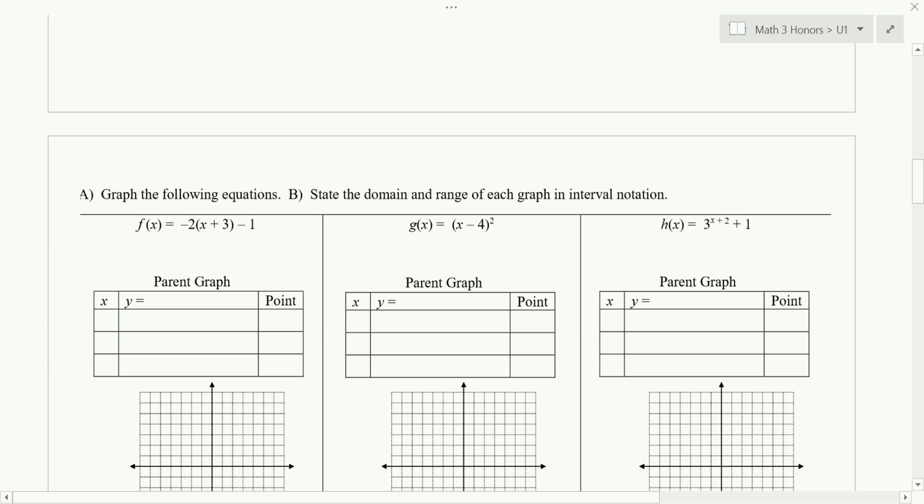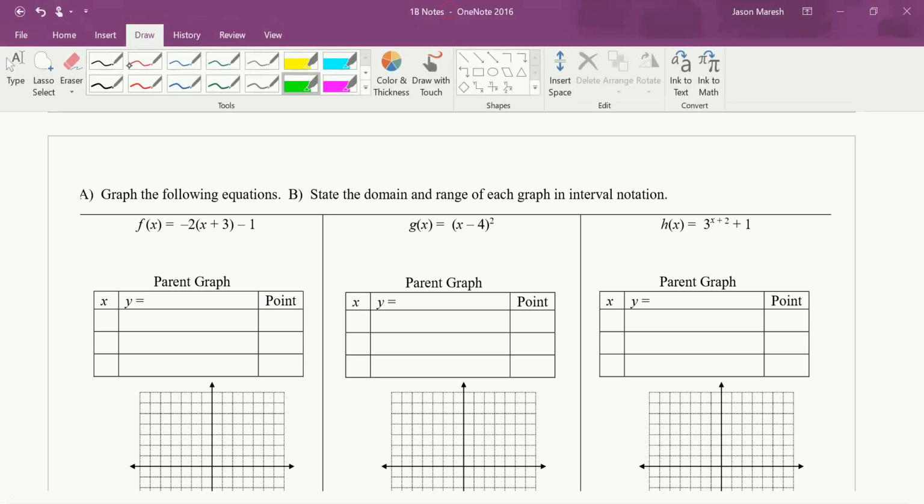And so on this first one, which shape is it? It's going to be a line. And we know that because we have just a y and an x. There's no x squared. There's no absolute value sign, and that x is not part of the exponent. So we know this is linear.